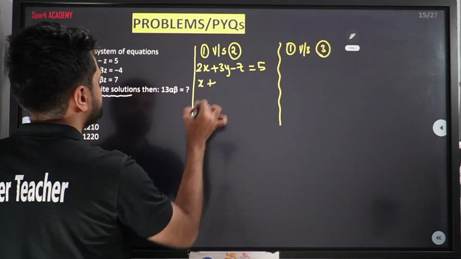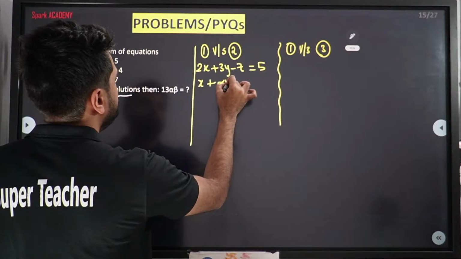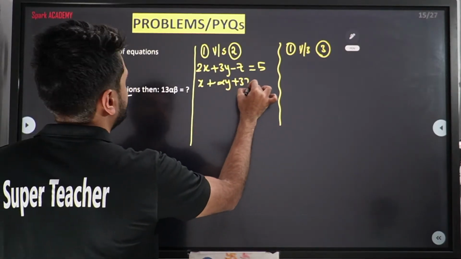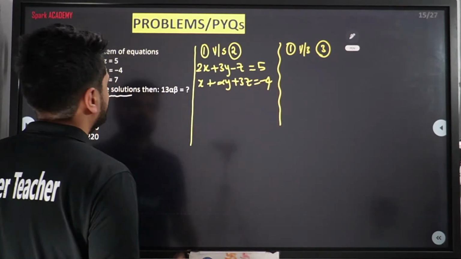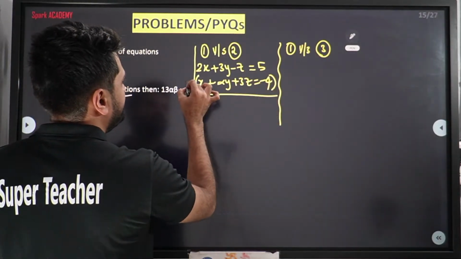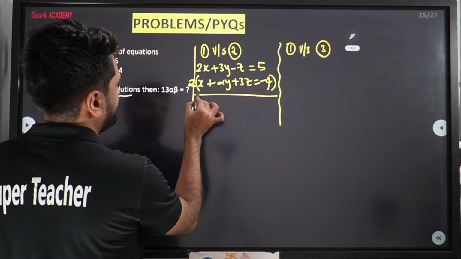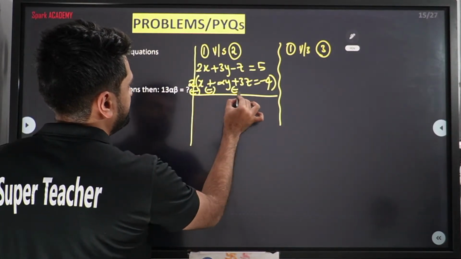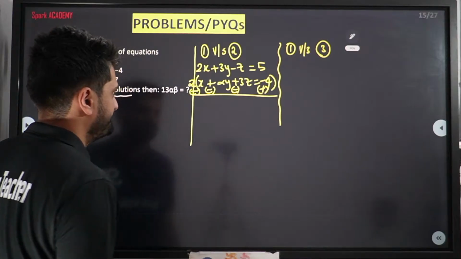This is x plus alpha y plus 3z equals minus 4. Now we need to solve them. So how do you solve it? Multiply with 2 and subtract. Subtract, subtract, subtract. Negative becomes positive.